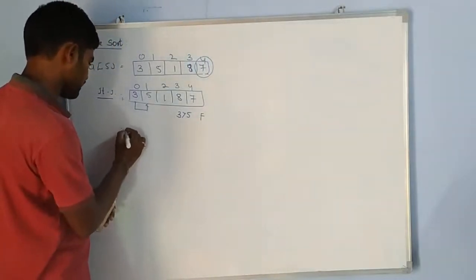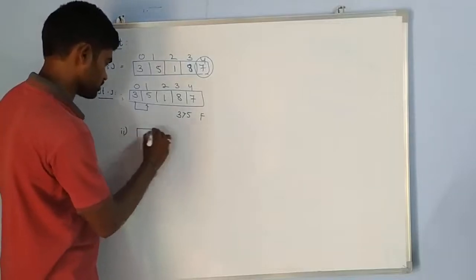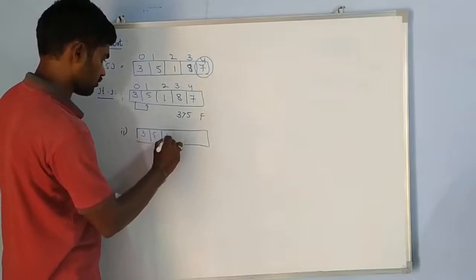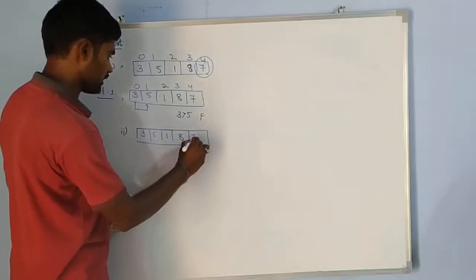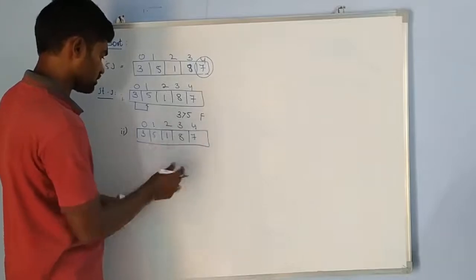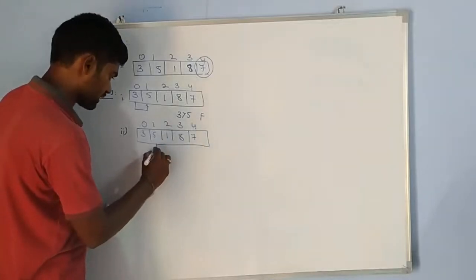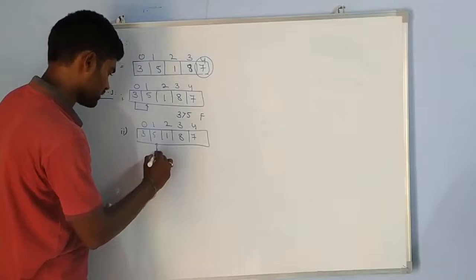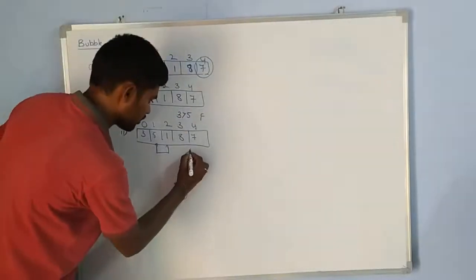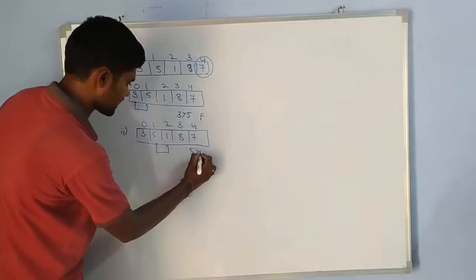Now in iteration number 1, step number 2 is 3, 5, 1, 8 and 7. Now 5 will act as the selected element and the next comparison element will be 1. We check the condition: is 5 greater than 1?